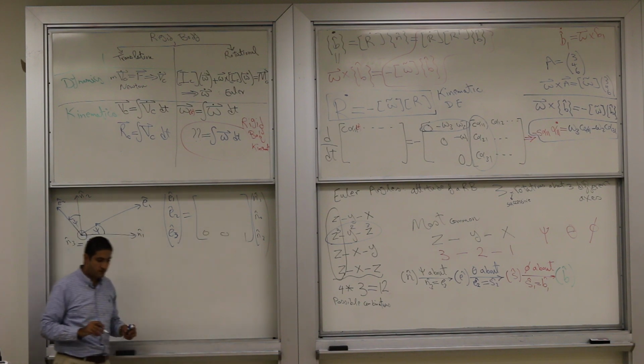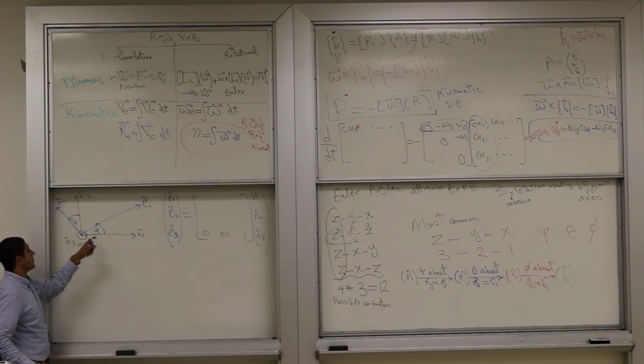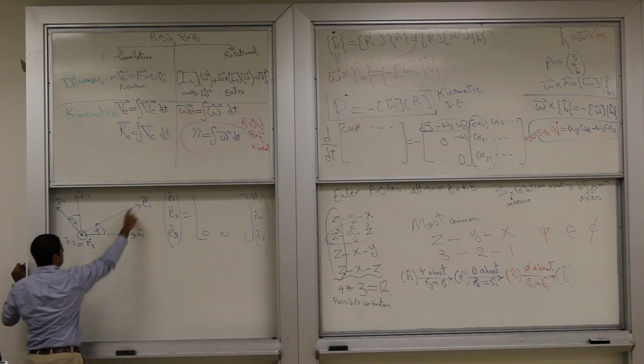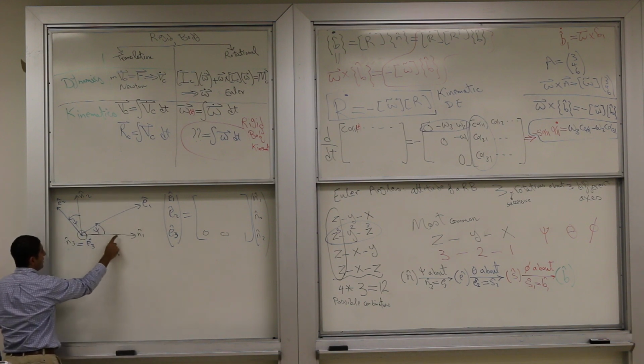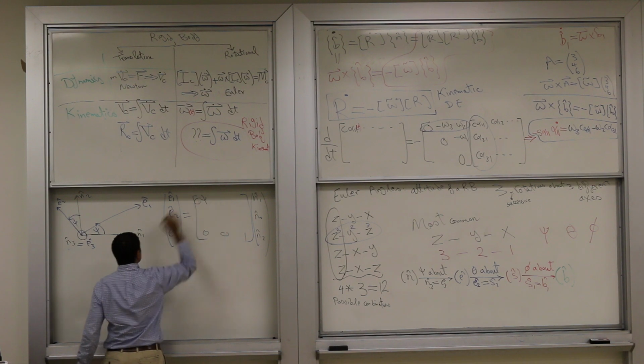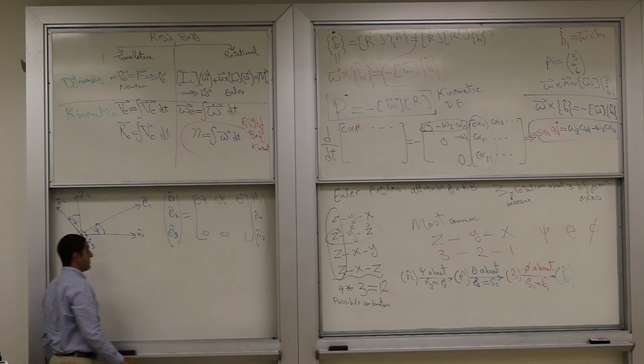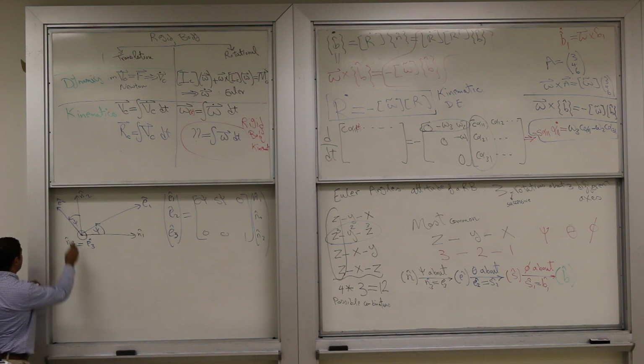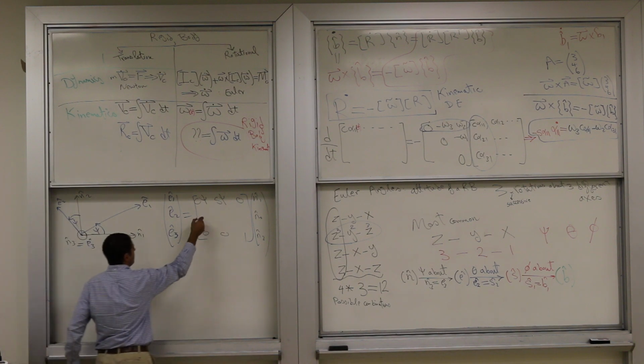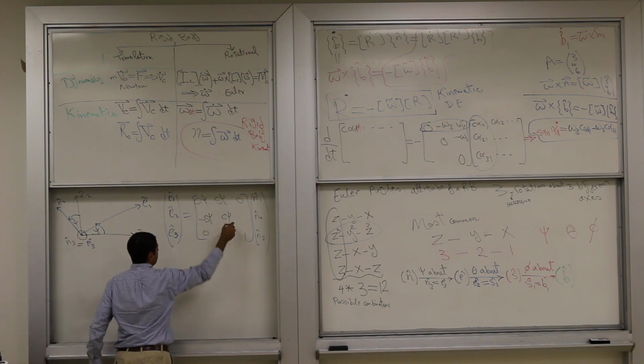Okay, very good. The first equation for E1: it's cosine psi N1 and sine psi N2, and 0 in the N3. E2 is cosine psi N2, but negative sine psi in the N1 there.